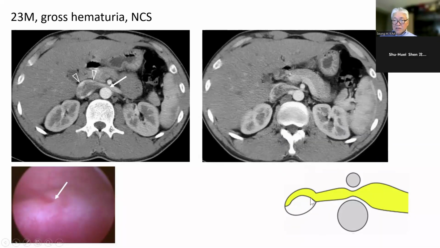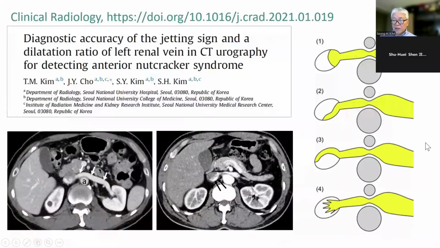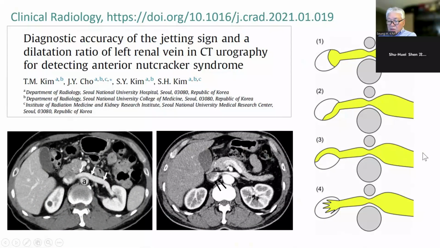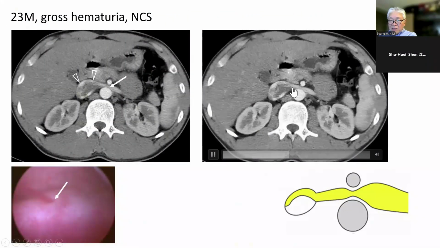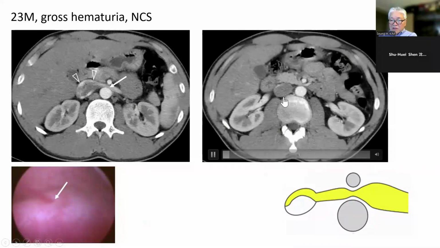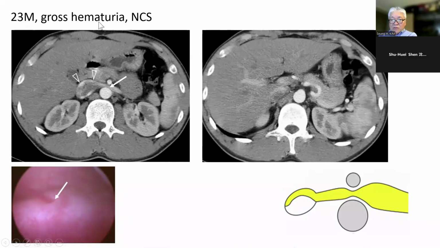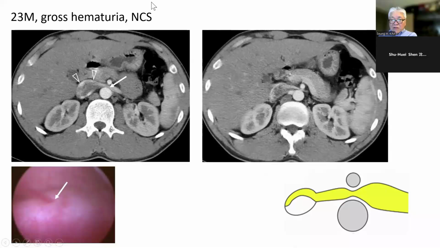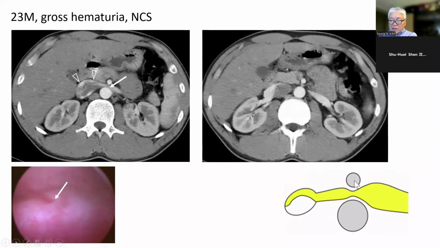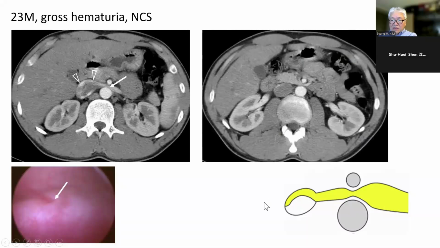So this is pattern 3 in this image. This pattern 3 means that the flow is quite fast, and it indicates the presence of Nutcracker phenomenon. So this was a patient with Nutcracker syndrome with gross hematuria that shows this finding at contrast-enhanced CT.